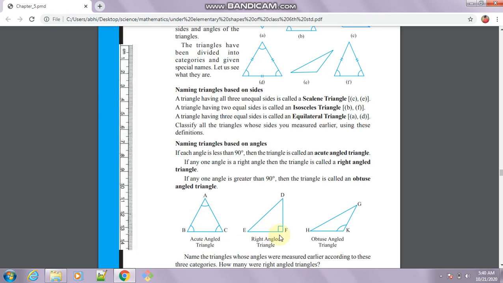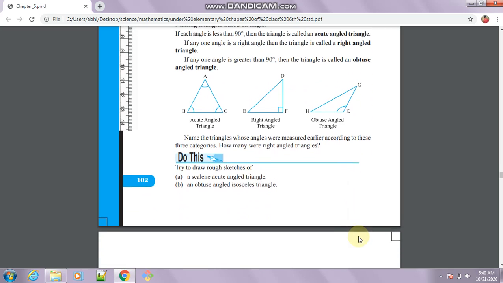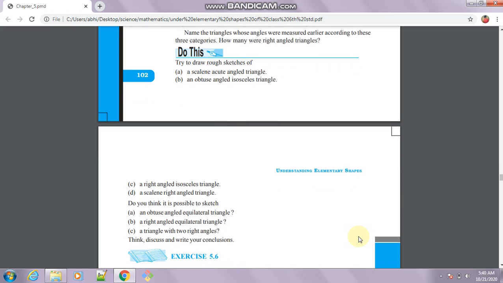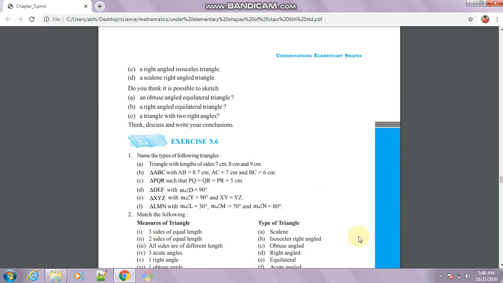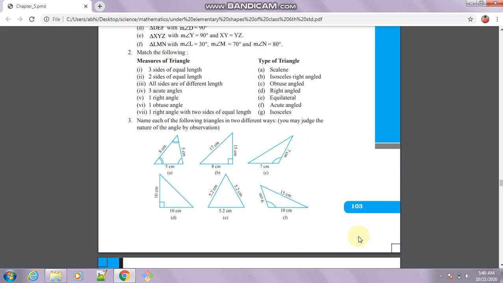If one angle is 90 degrees, this is a right angled triangle. If one angle is more than 90 degrees, it is called an obtuse angled triangle. Clear, students? Now, based on this, we'll solve the problems. That is 5.6. I'll be solving this.